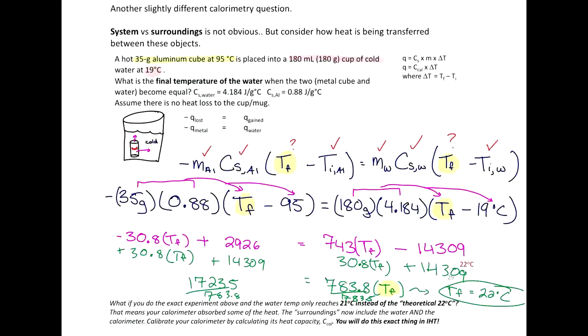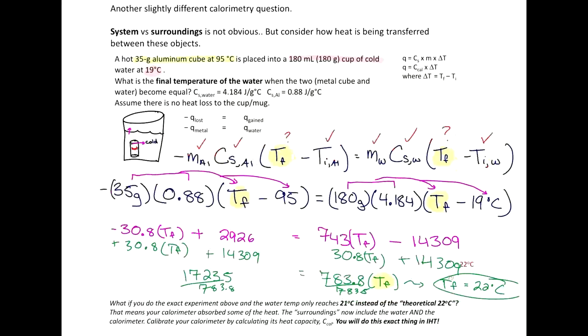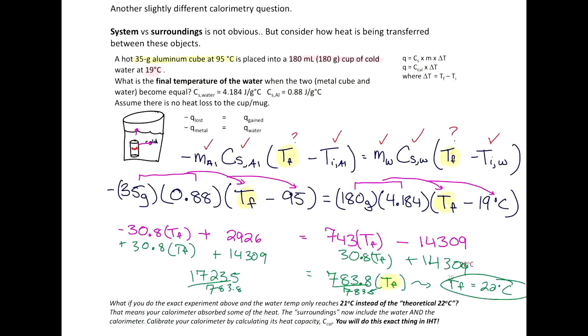All right, so in this question, I don't know if you noticed, but we made a little bit of an assumption, right? In a lot of these questions I say, and I've kind of been skipping over it, assume there is no heat loss to the cup or mug. The thing is, that's not always the case.